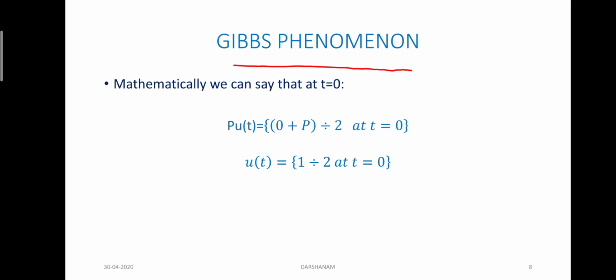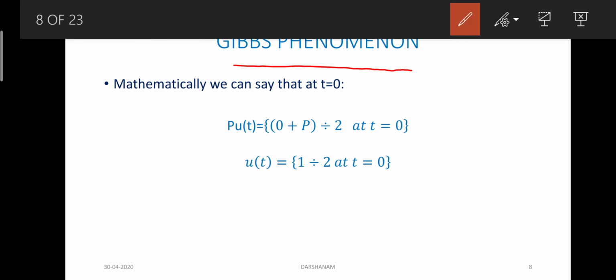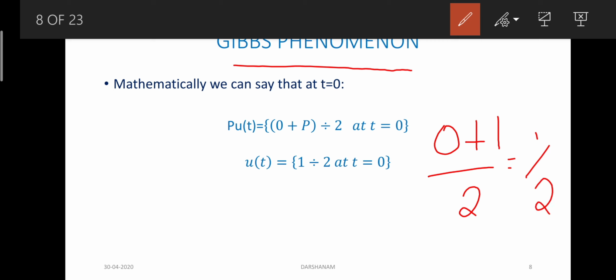So, using the Gibbs phenomenon, we can find the value at t equal to 0 as the average of 0 and 1, that is 0 plus 1 by 2, that is equal to 1 by 2.